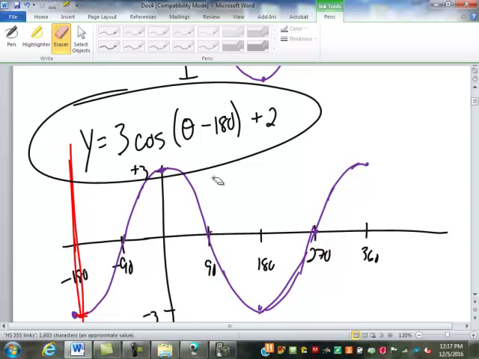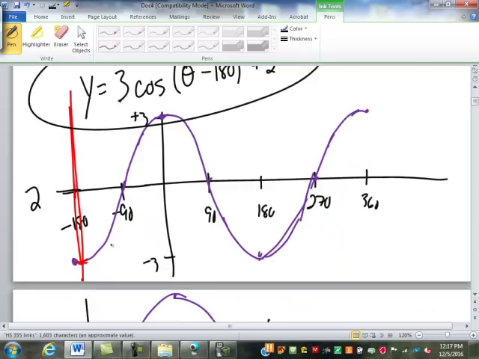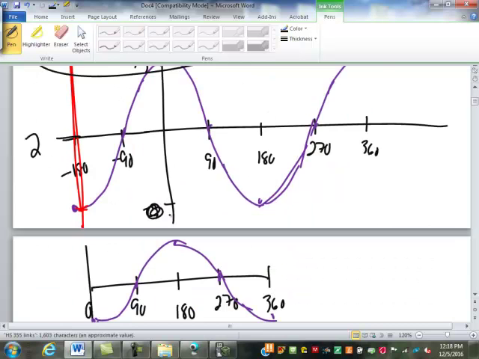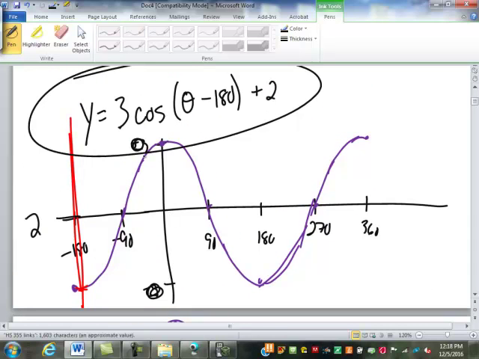Yeah, I never did do the +2, did I? Technically this axis would not be at 0. This would be at 2 here. Okay, I just wanted to double check that. Yep, you're correct. I should have. So then technically this up here would be 5, and this down here would be -1. So it's got an amplitude of 3. Yeah, good catch.